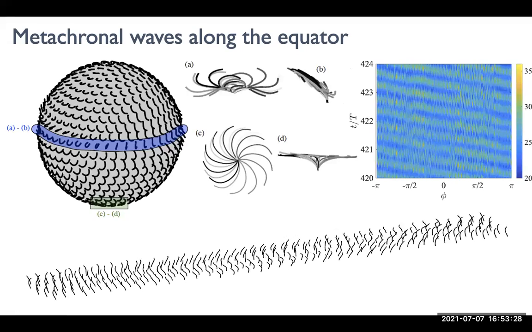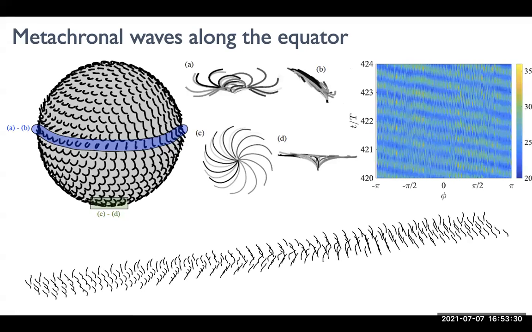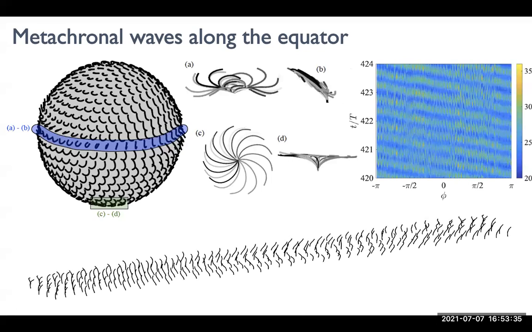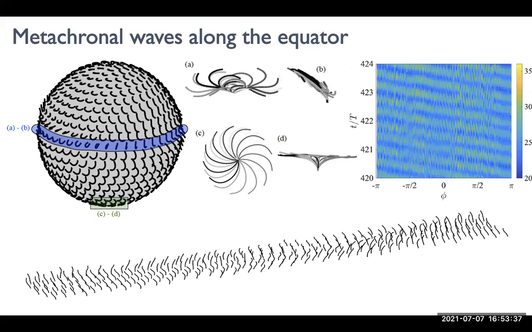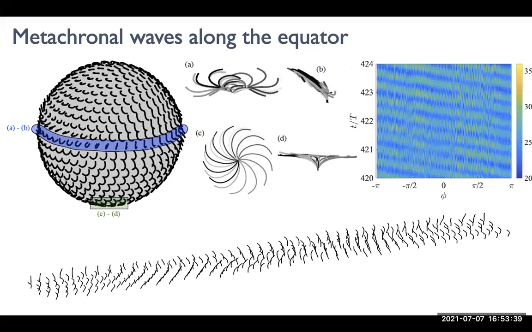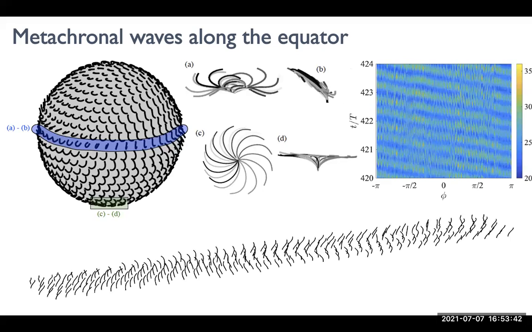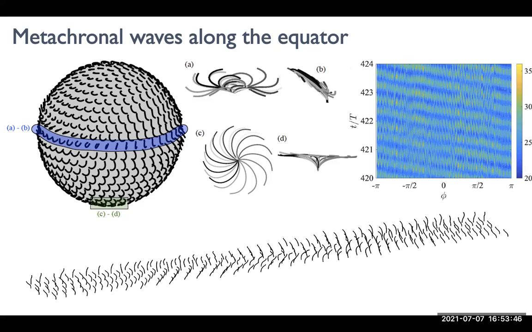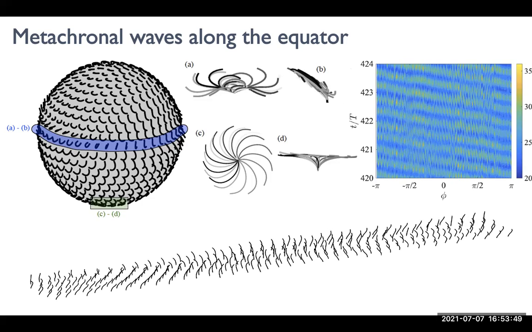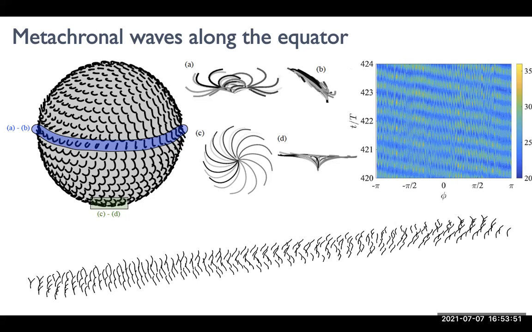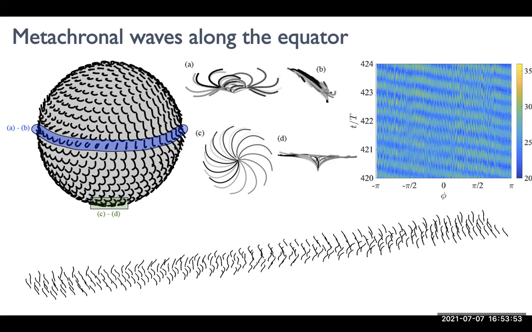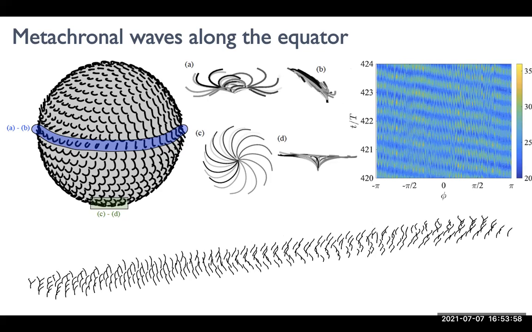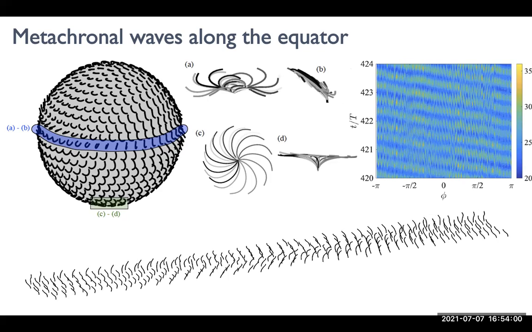Another interesting thing is the angular velocity of the underlying sphere: this vector always lies in the equatorial plane and rotates with this metachronal wave. So it's this rotation of the angular velocity vector that leads to the wobbling of the underlying surface.